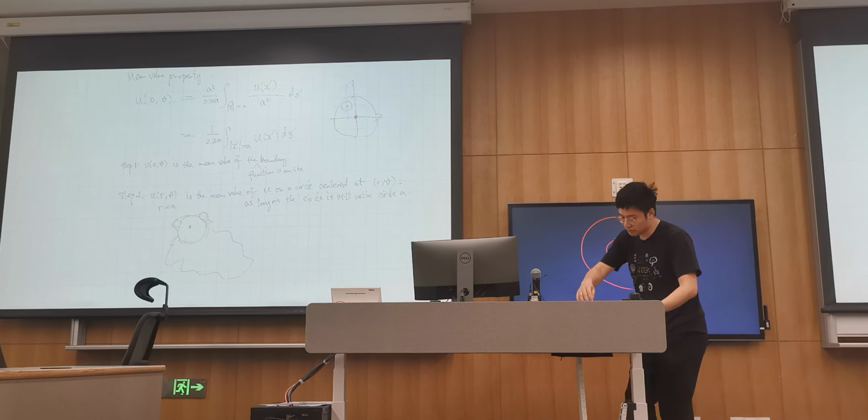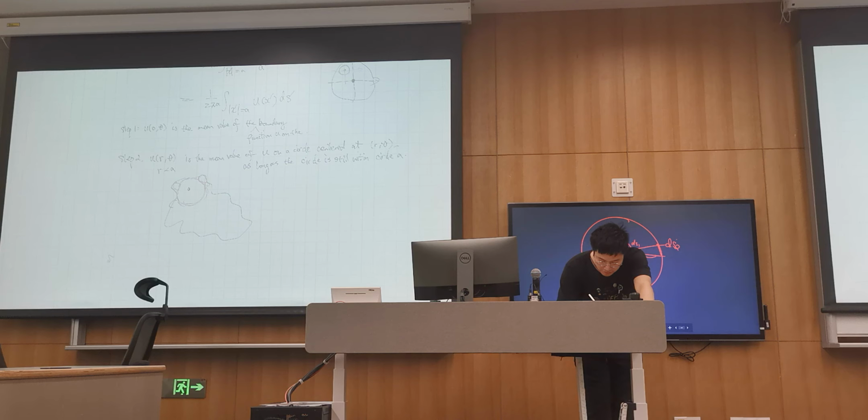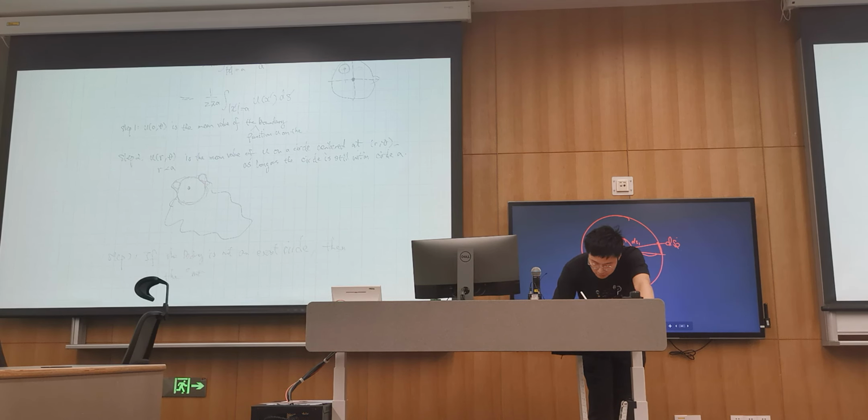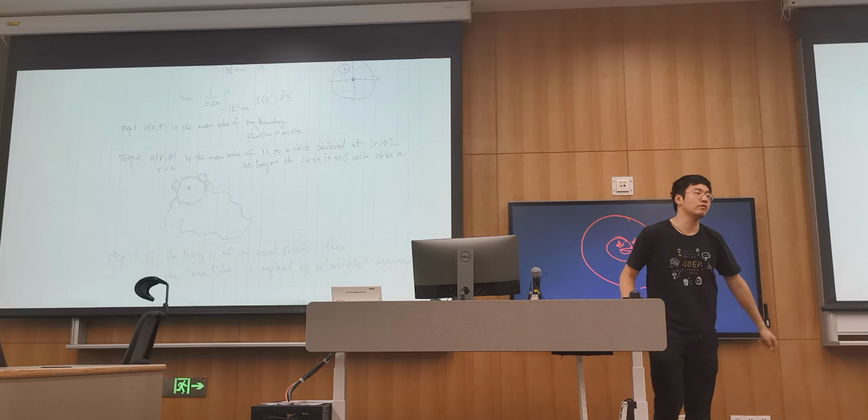And so step number 3. If the boundary is not an exact circle, then the mean value is actually replaced by a weighted average.